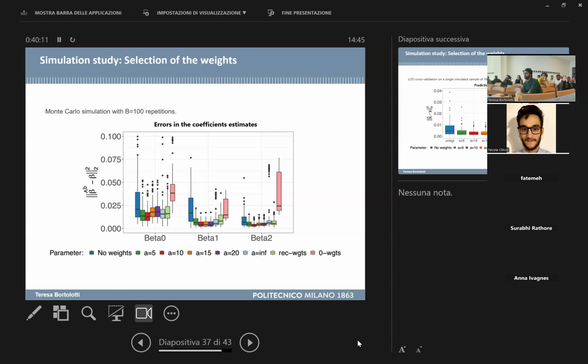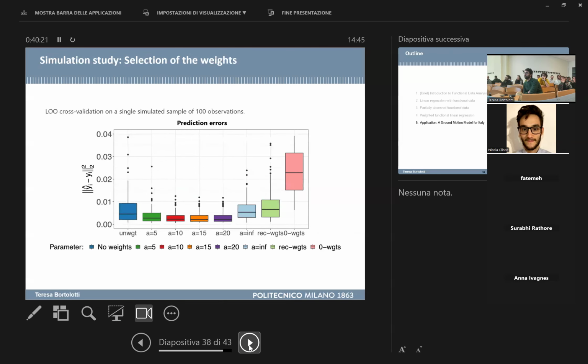Now our question was, how can we identify a criterion for identifying the best possible system of weights? We did another simulation experiment, and we found out that using a cross-validation, by considering the error that you make on the observed part of the curve, the y, so the responses in the regression, after the entire regression routine.